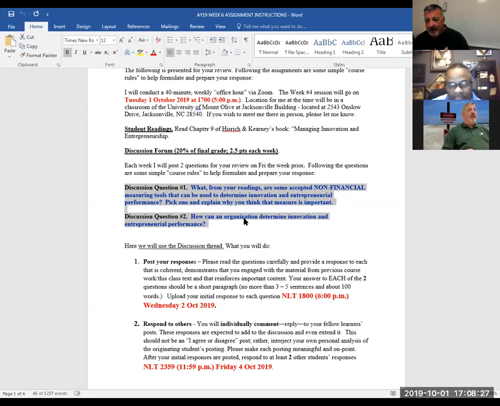As you'll see on question number 1, I want you to pick one and then explain to me why you think that measure is important. When you get into discussion number 2, how can an organization determine innovation and entrepreneurial performance, you'll see table 9.3 out of your text gives you something.